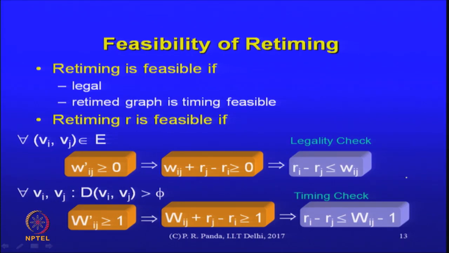Feasibility of an entire retiming vector translates to just this: a given retiming is feasible if it is legal, that condition we know, and that retimed graph is feasible from a timing point of view. We already defined those conditions. If those two conditions are met, then that retiming vector is feasible.